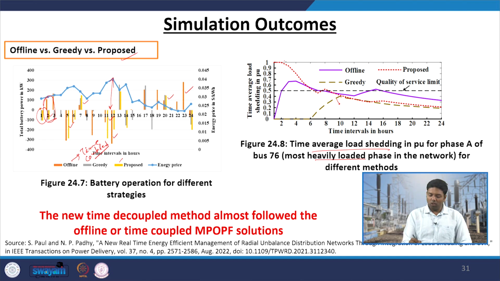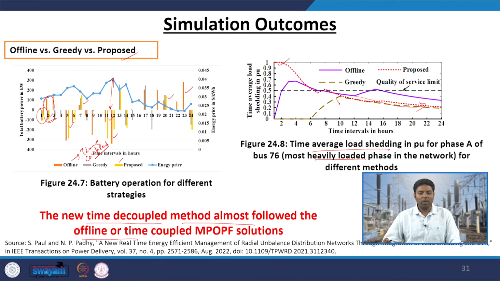But if you go with the offline, then the initial values have very high load shedding, but it is slowly decreasing, as with the proposed method. For offline also it is following the same trend. So this new time decoupled method follows the offline and also has the benefit of the greedy. How?